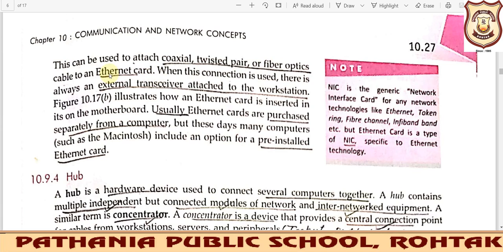You can connect via any of the guided media. According to your availability, you may select the medium and accordingly the jacks in the Ethernet card.